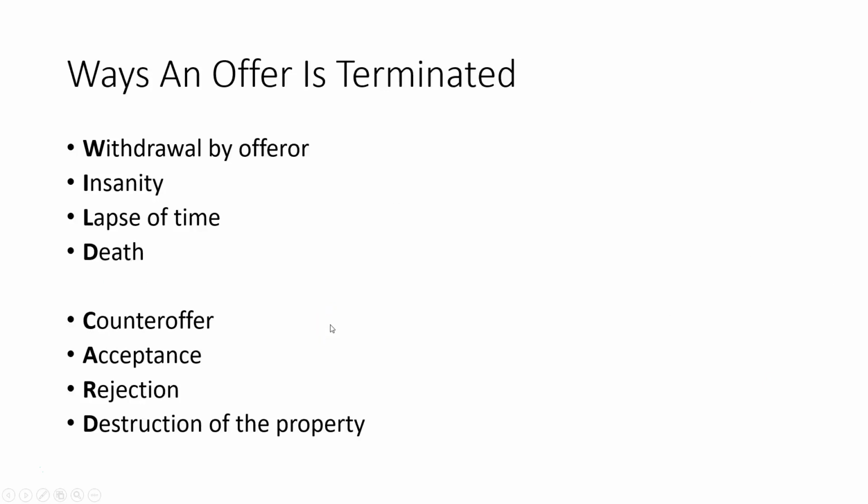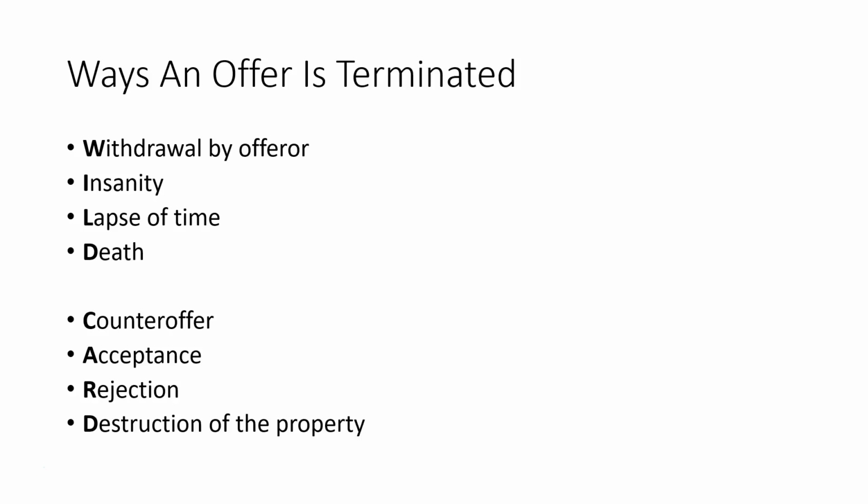Okay, ways an offer is terminated. It can be withdrawn by the offeror. The offeror can go insane. Or, of course, the offeree could go insane. Lapse of time: an offer usually has a time expiration date on it, and therefore it could just expire. Or if one of the parties dies.